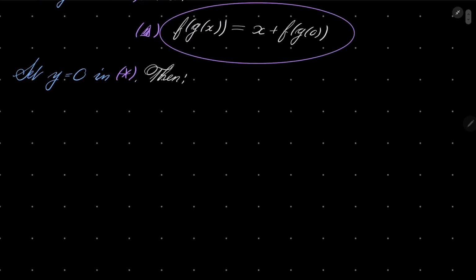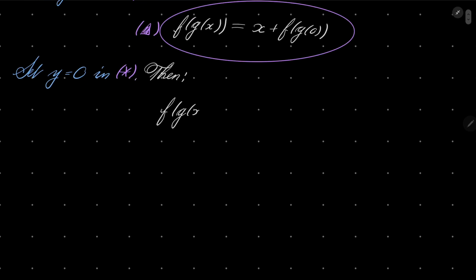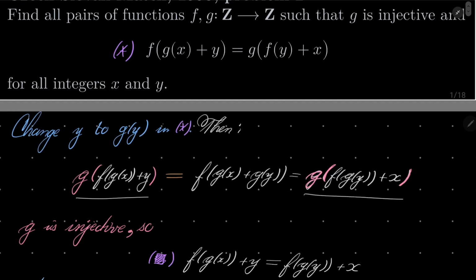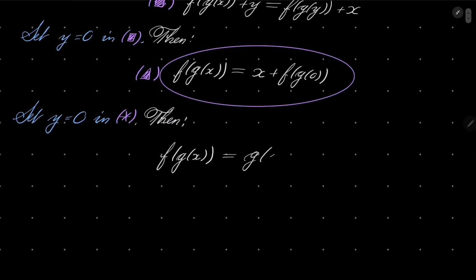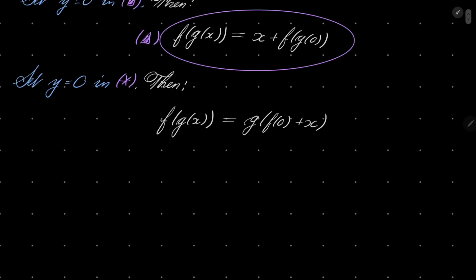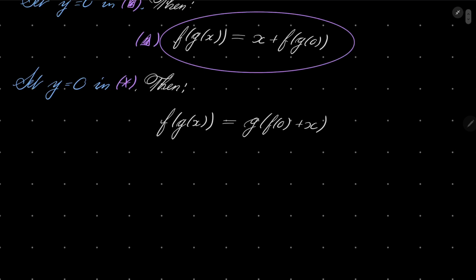F of g of x equals g of f of 0 plus x. Excellent. But now, remember that we have our condition triangle. F of g of something is variable plus this constant. So, by our condition, which I marked triangle, we have the following.